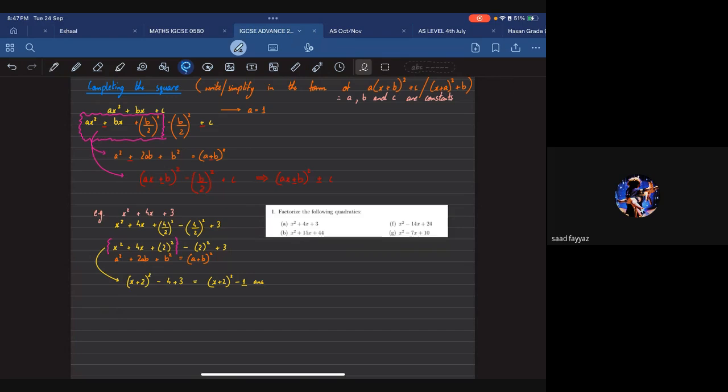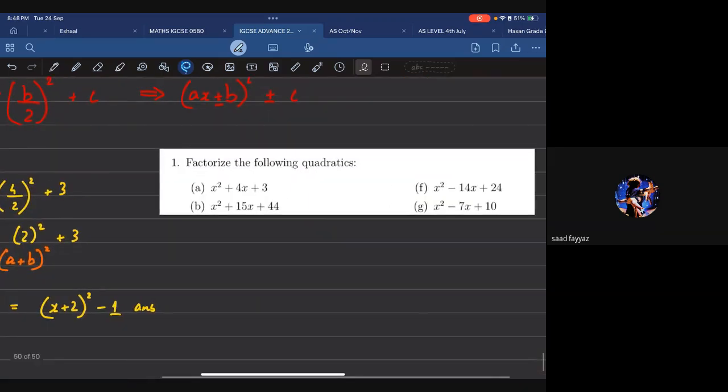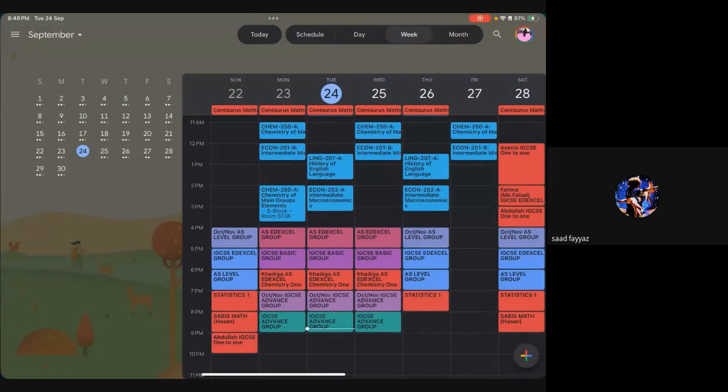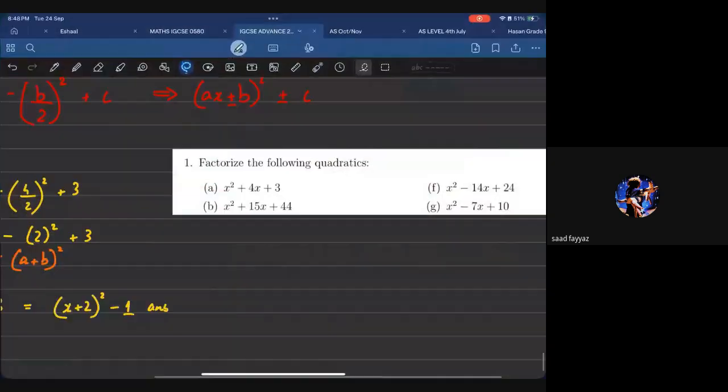Sir, can you zoom in? Yes, yes. Sorry, yes, sir. Sir, we're supposed to do F and G, A, B, F, G. Yeah, B part as well. Why are you leaving B part? I thought you already did it. No, I did B part. Oh, sorry. I only did A part.